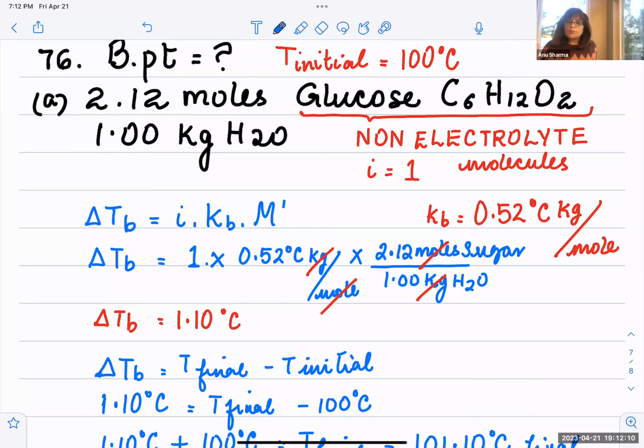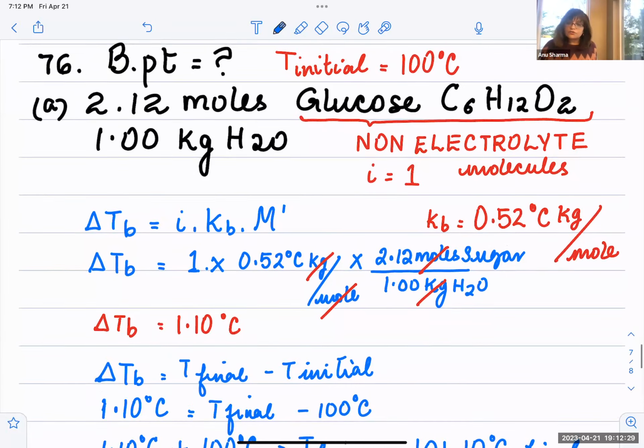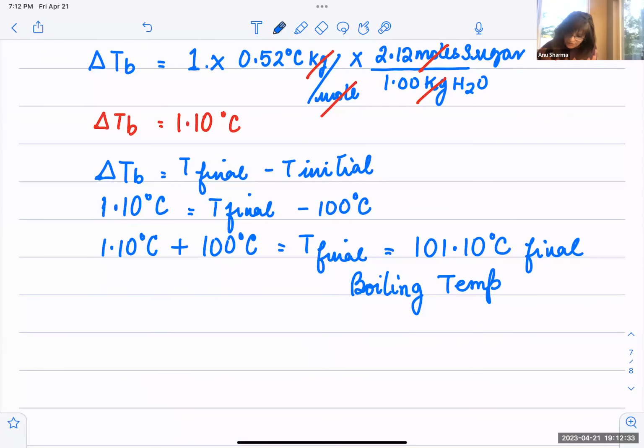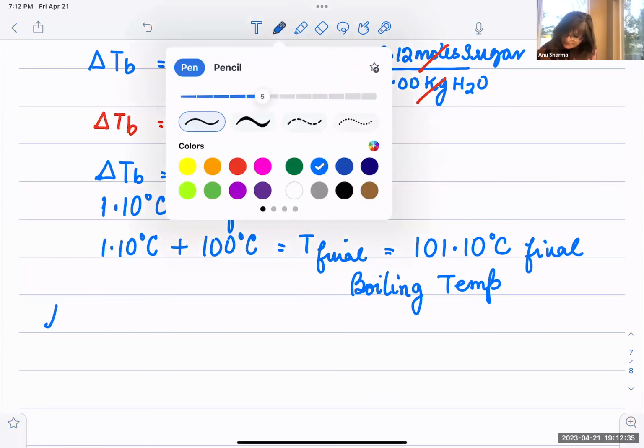Then it is going to boil at 1.10 degrees higher than its boiling point. That is why we say elevation in boiling point, and we say depression in the freezing point. Elevation means the boiling point of the solution is always going to be higher than 100, always. So make sure you check that answer. Let me write this on here.